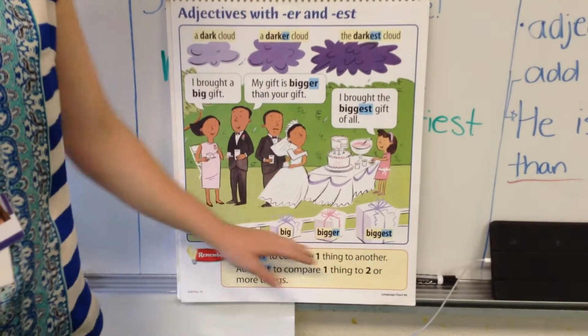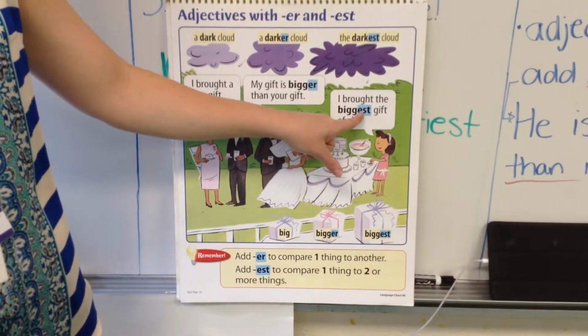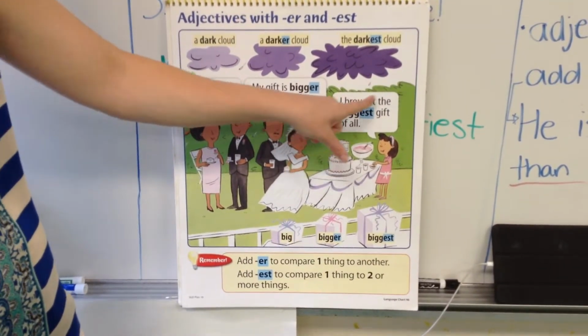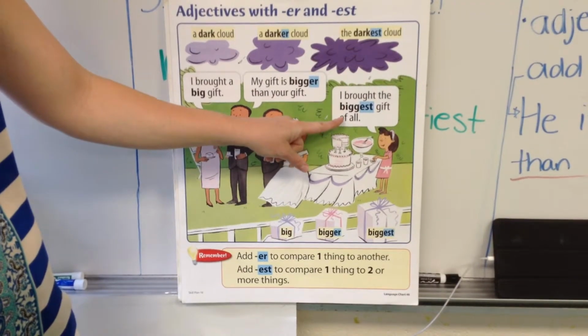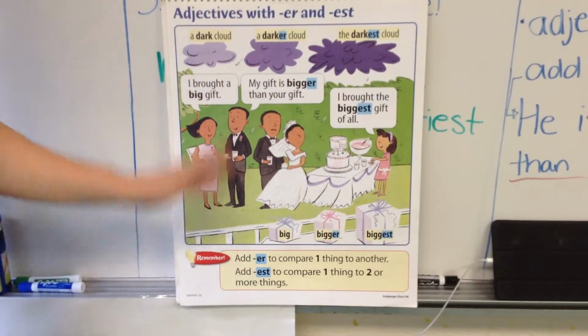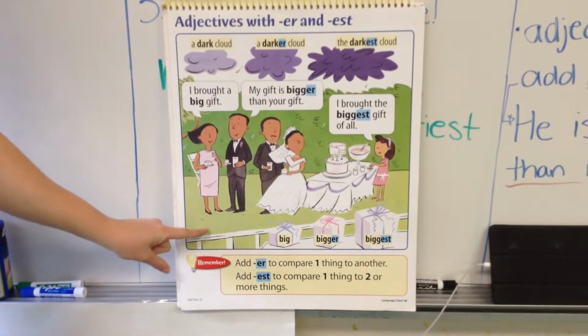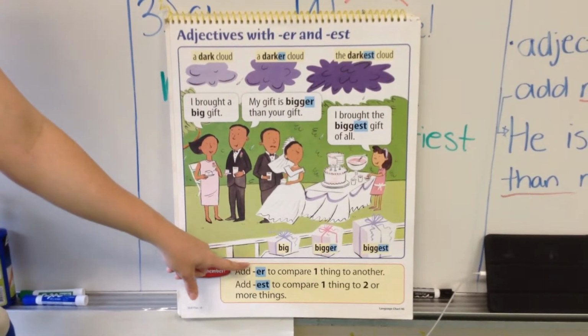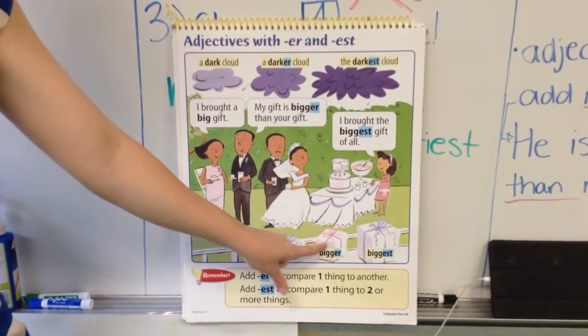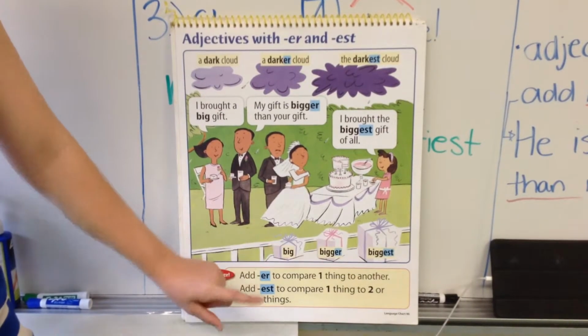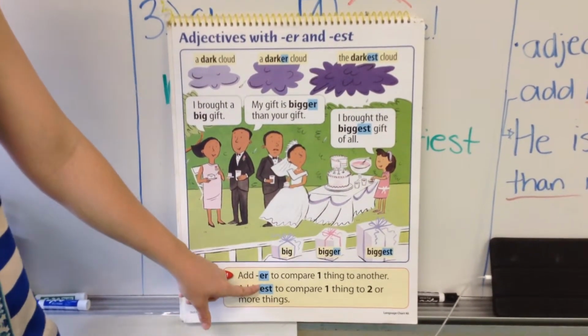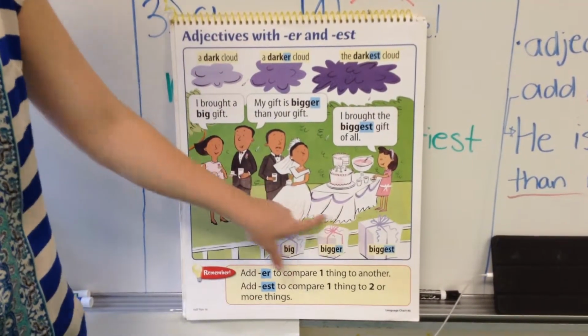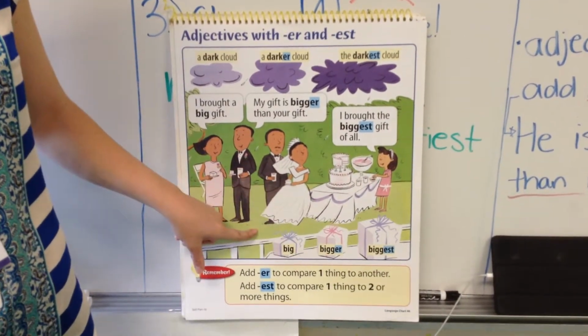When we have three objects, we add EST again. I brought the biggest gift of all. So if we try to remember the simplest rule of all for using these adjectives, we either add ER to compare one thing to another thing, or we add EST to compare one thing to two or more other things.